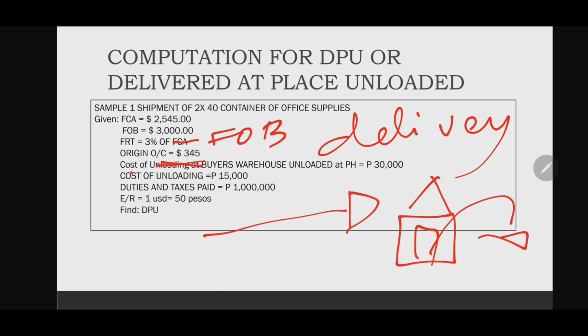So the seller is the one to pay for the unloading of your cargo. Okay, so in this case, you need to add also the cost of unloading if it is a DPU shipment. Okay, so not yet the duties and taxes because that is not included in the seller's responsibility yet.